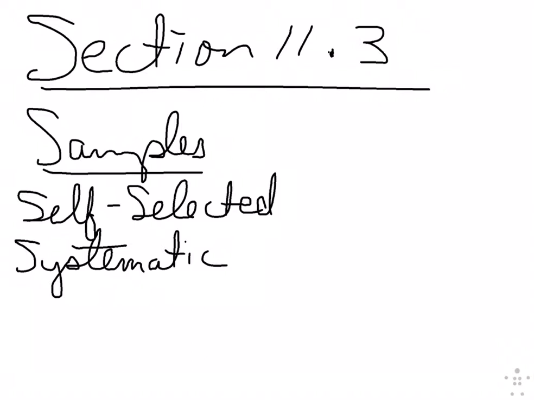Just so that you guys are aware of it, systematic would be if it has a rule, or a method, like a formula for finding out who's going to get picked for this survey or this thing.